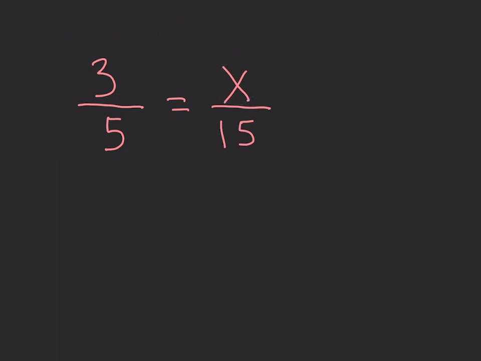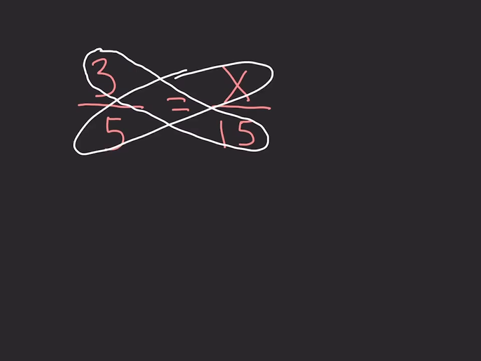The cross comes into play because we make this kind of design. What this shows us is that we're going to take this 3 in the numerator and this 15 down here in the denominator, and we will multiply those. At this point, we write an equal sign. Look then at the denominator of 5, which is connected to the x over here.